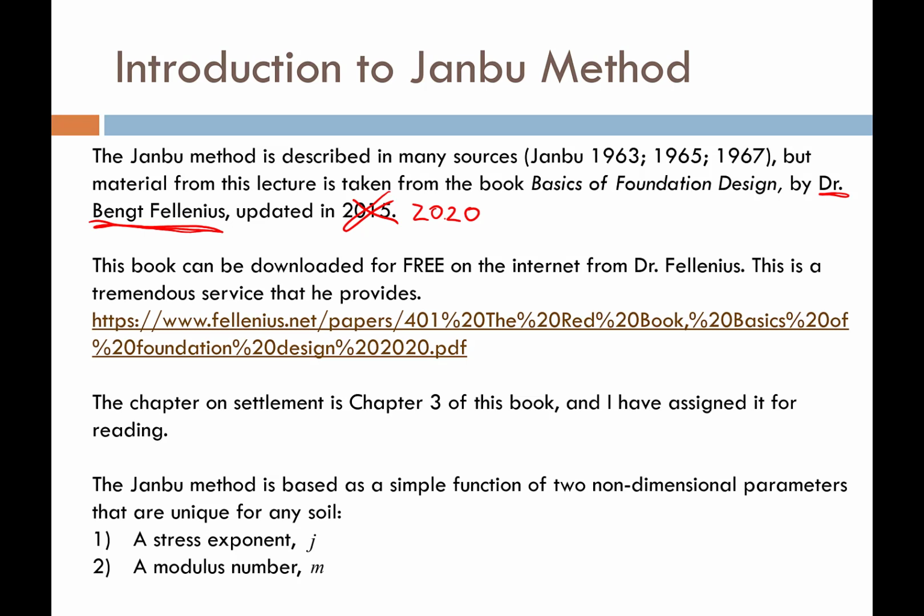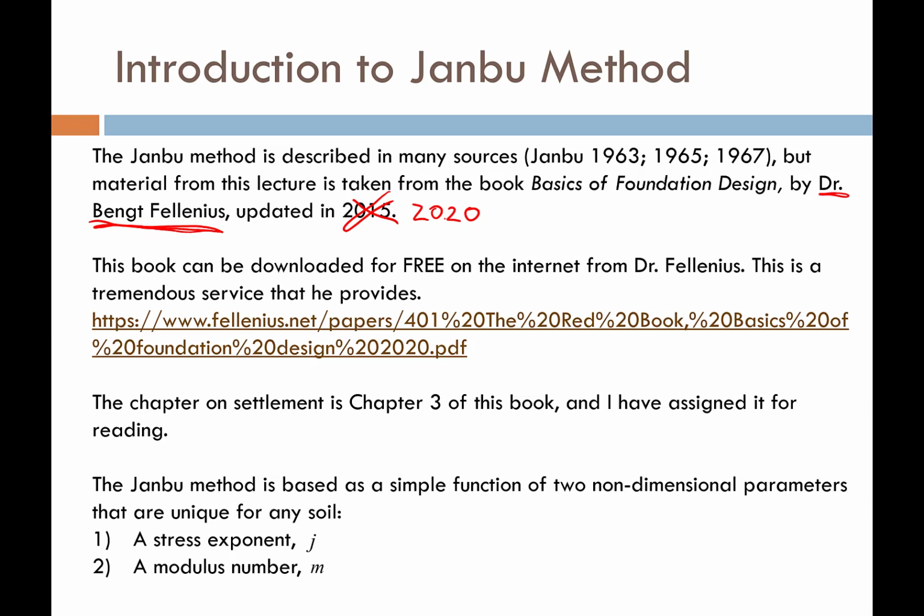One of the things I love about Dr. Fellenius is he really doesn't care where his materials are published. If you publish in academic journals, it's great for academics, but the problem is for folks out in industry, unless you have a subscription to that journal, it's difficult to obtain the papers unless the author pays an open access fee, which can be several thousands of dollars.